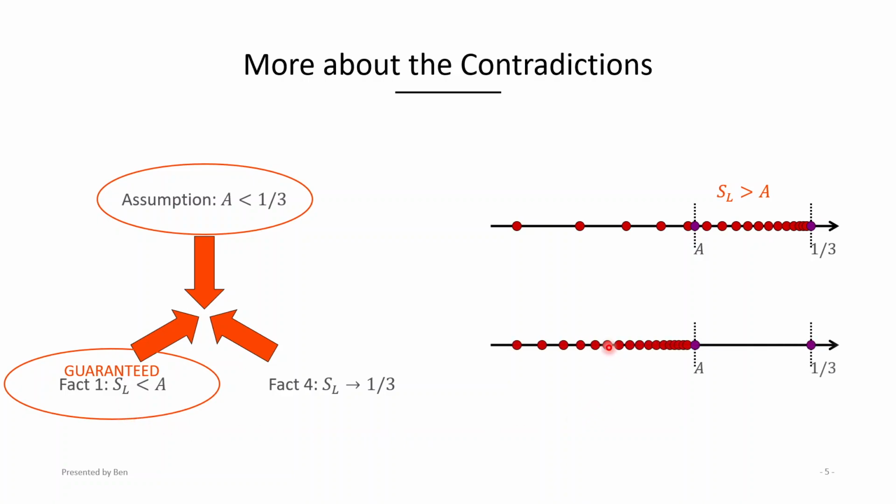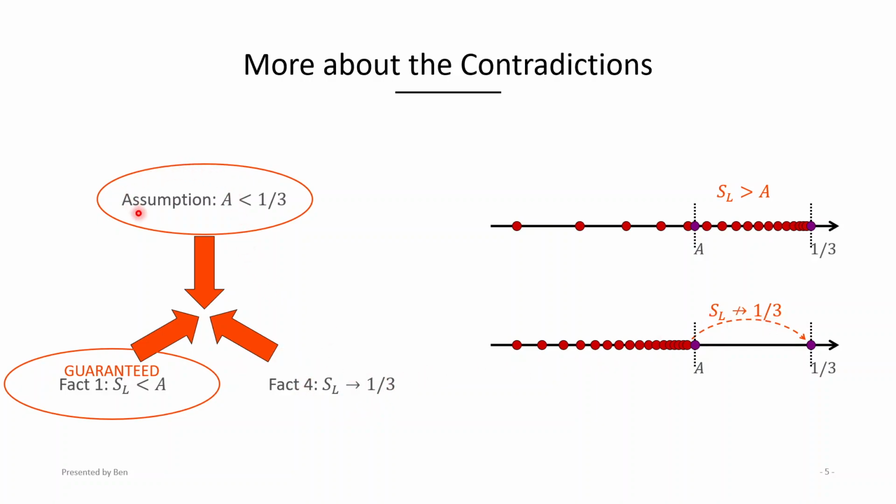Well, it will look like this, right? All the SL values will be blocked, or bounded by number A. There will be a gap between SL values and this fraction. They cannot get arbitrarily close to this fraction anymore. We have to give up fact 4.